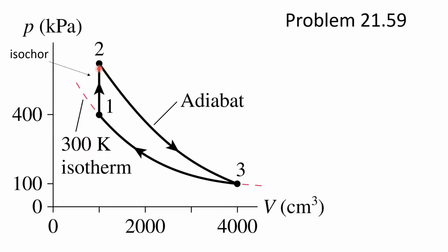Obviously temperature is increasing because we're jumping from one isotherm to another. There's that other isotherm going through here. And that means the energy is increasing. Well, we're not increasing this gas's energy by doing work on it because it's an isochoric process. So the only way that the energy is being increased is by a flow of heat in.